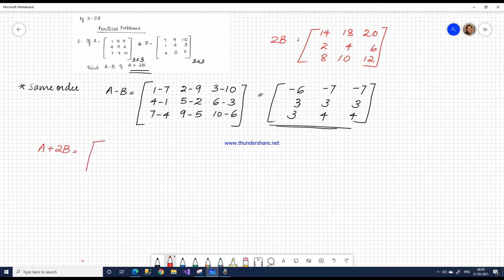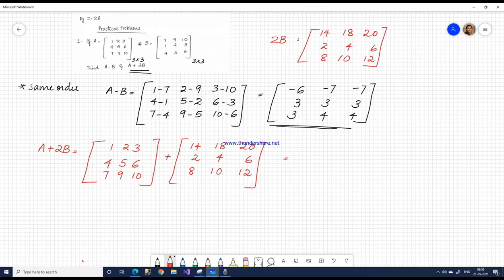So we know that the matrix A is 1, 2, 3, 4, 5, 6, 7, 9, 10, added with 14, 18, 20, 2, 4, 6, 8, 10 and 12.